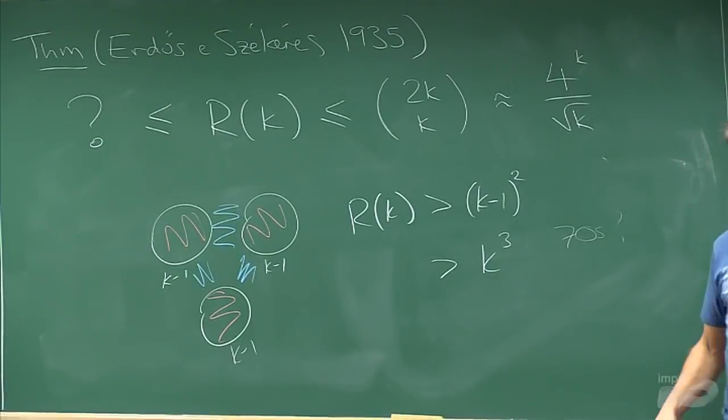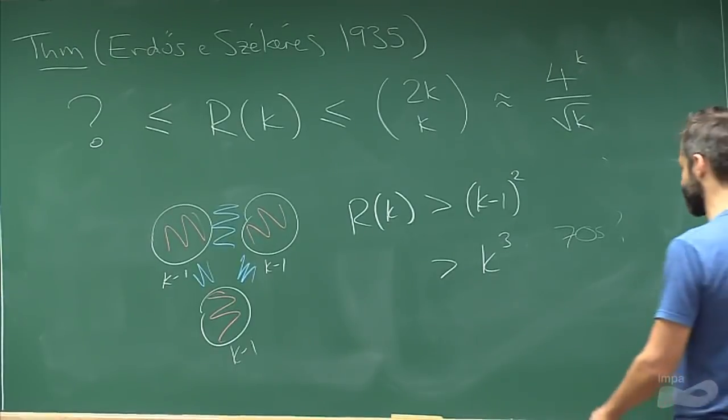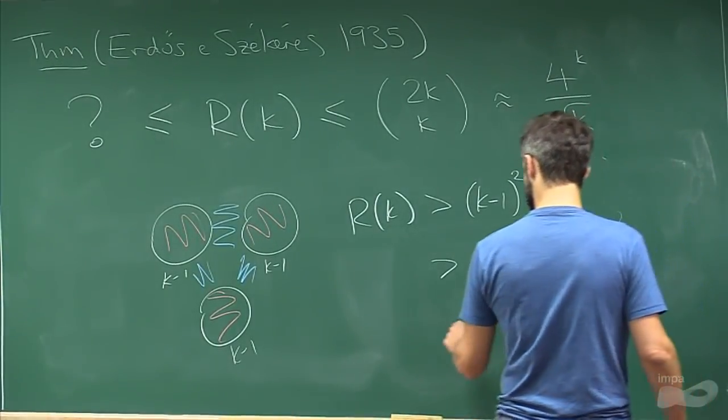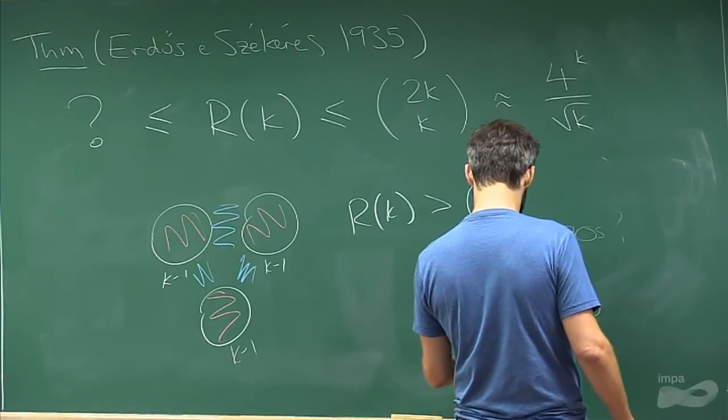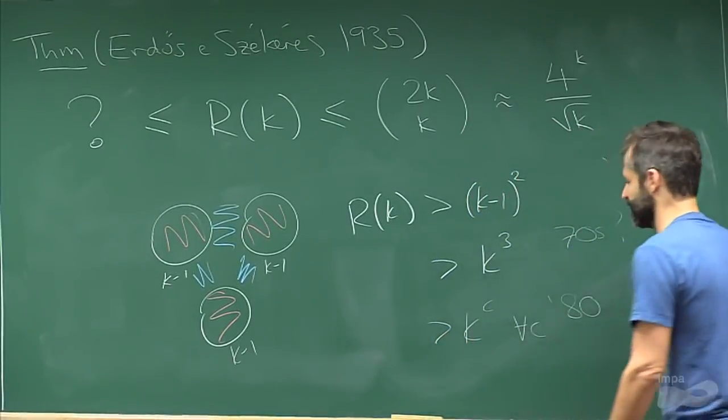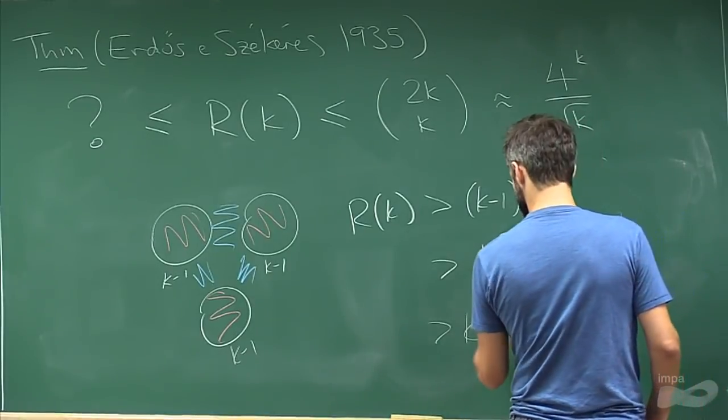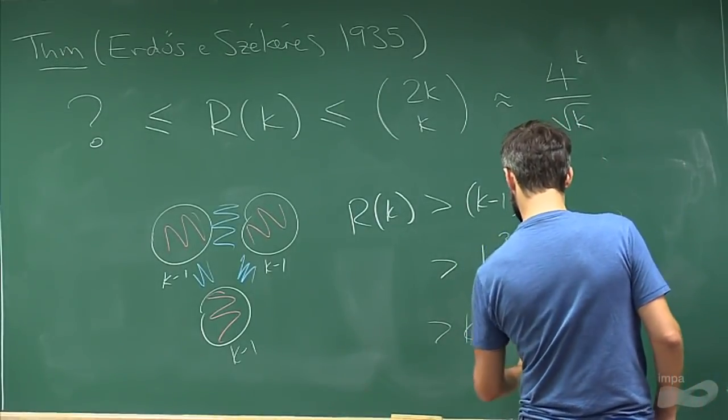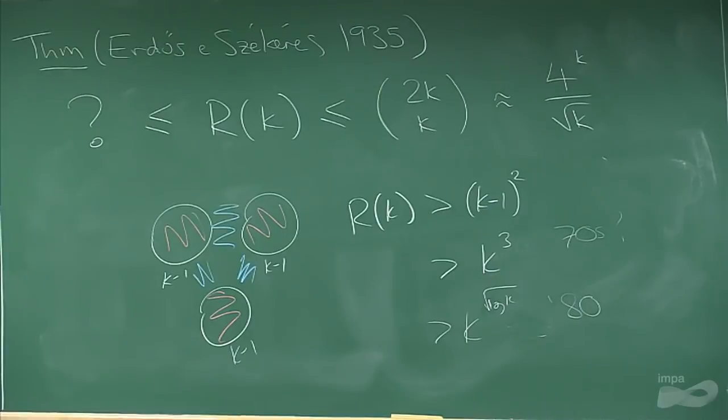And then the first construction that gave something super polynomial was roughly 1980. So it's greater than k to the c for all c. Something like k to the root log k. This was a famous construction of Frankl and Wilson, I think.